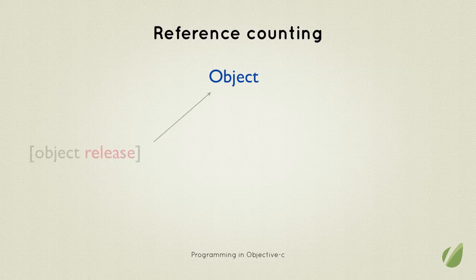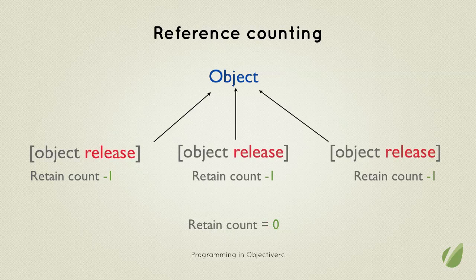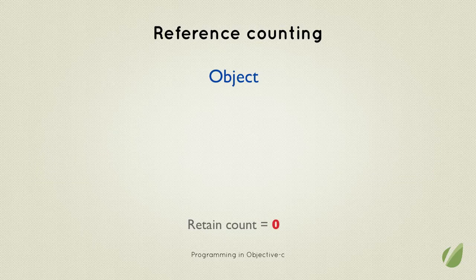When we don't need the object anymore, we send the message release to this object, subtracting 1 from its retain count. When the retain count for an object reaches the value of 0, the object receives the message dealloc, and therefore its memory is released. Going deeper through this topic is a bit outside of the scope of this course, but I want to be sure that you know what retain count is and how it works.